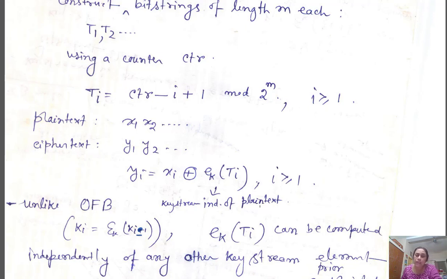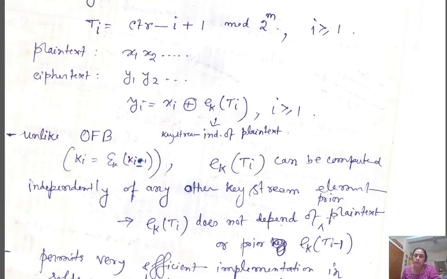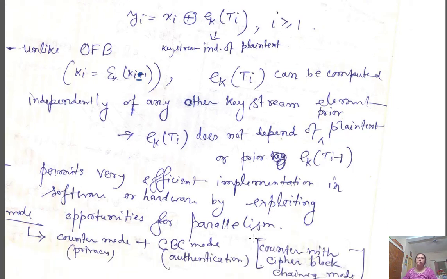But here these Ti's are independently generated. This Ek of Ti can be computed independently of any other key stream element. Ek of Ti does not depend on prior plain text or prior Ek of Ti minus 1. This makes counter mode efficiently implementable in software or hardware by exploiting opportunities for parallelism.